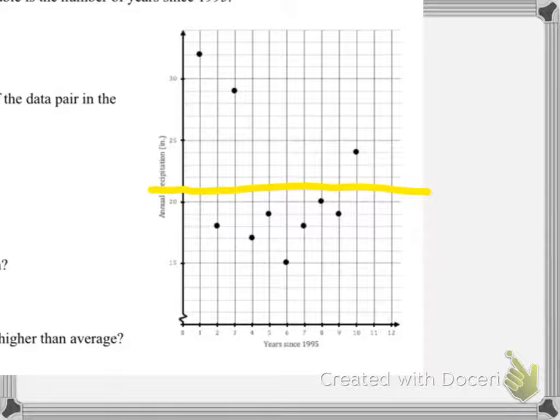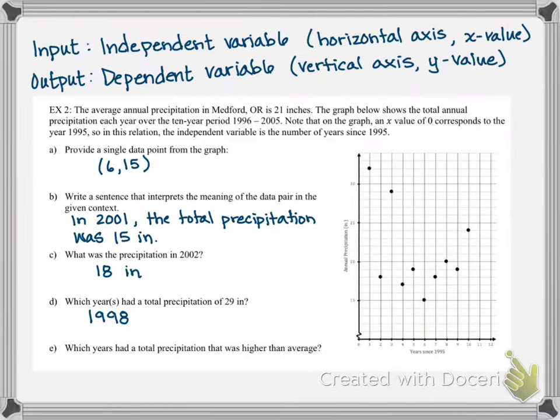So there are 3 of them: one at x equals 1, one at x equals 3, and one at x equals 10. But we want to know which years those were. So that's 1996, 1998, and then 2005.